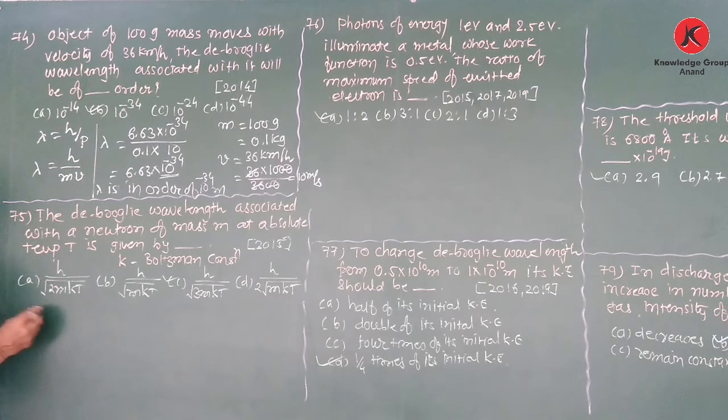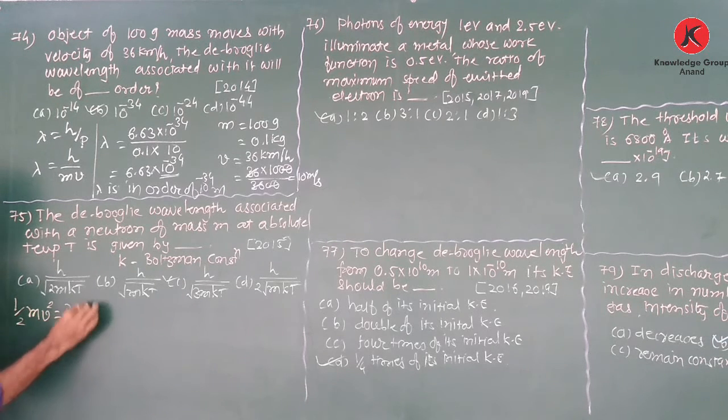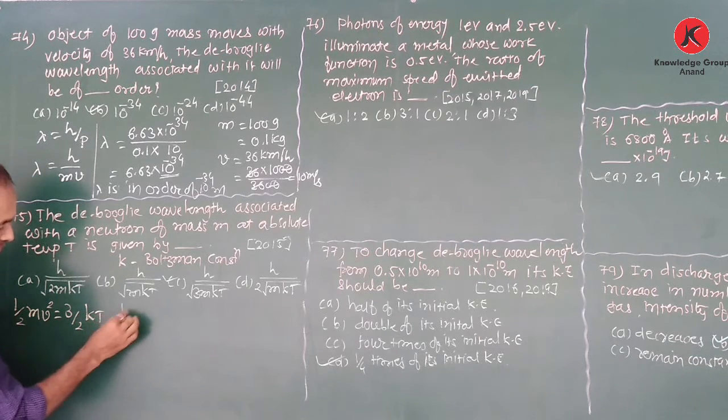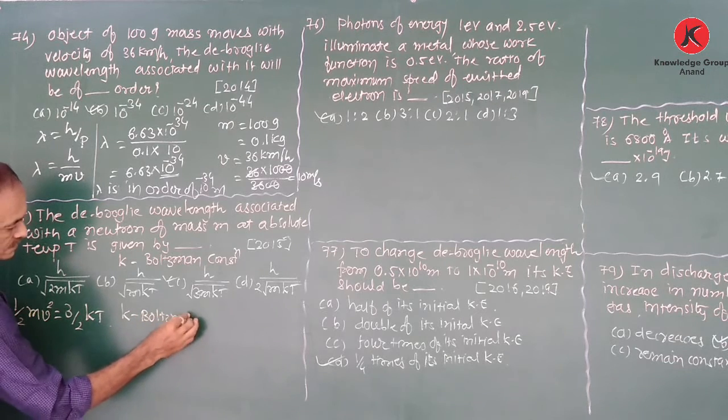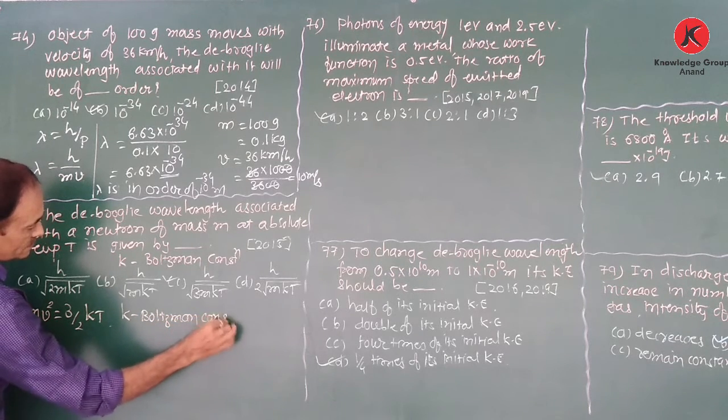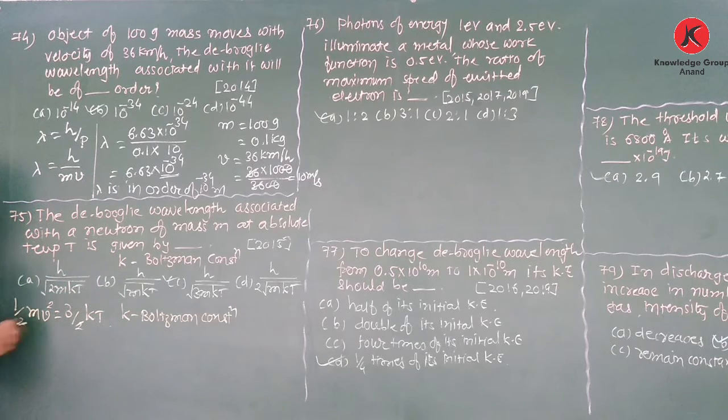We know that the kinetic energy, half m v square, is equal to 3 by 2 kT. k is the Boltzmann constant. Now 2 cancels, multiply both sides by m. Therefore, m square v square is equal to 3m kT.